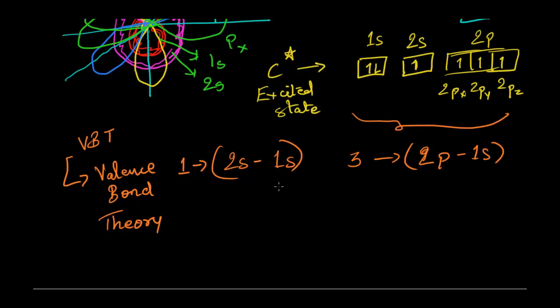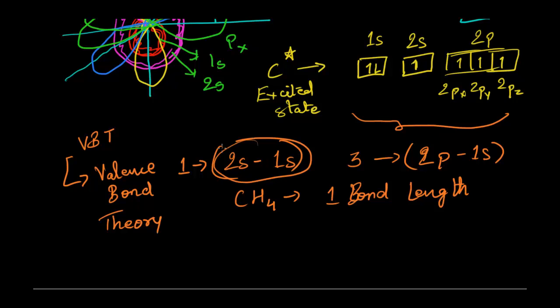So if we look at the bond lengths and bond angles of CH4, my one bond length, which is of 2s and 1s, should be different from the other three bond lengths, which are of 2p and 1s. So this is my 2s and 1s.